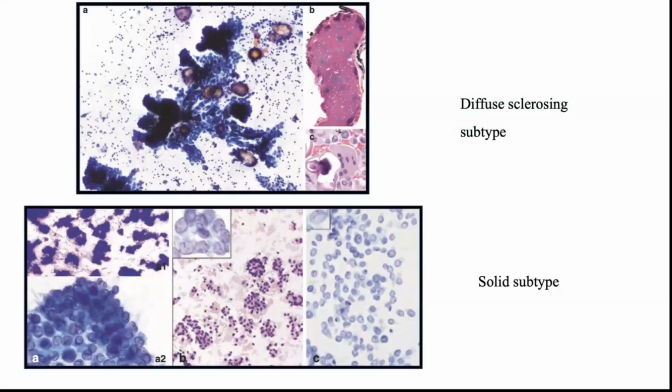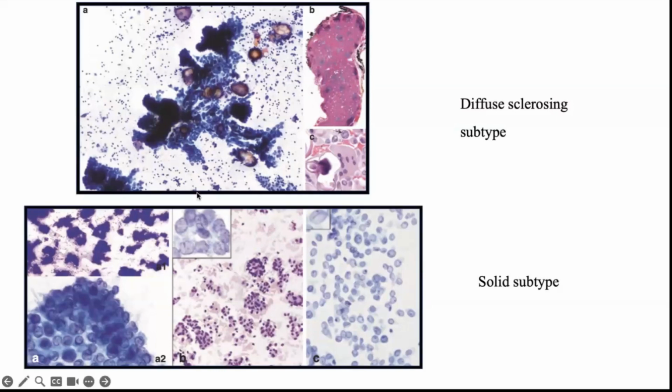It's mostly related to radiation exposure, and was seen in around 10% of the children who were exposed to radioactive iodine in the Chernobyl incident. They may be associated with BRAF mutations 20% of the time.